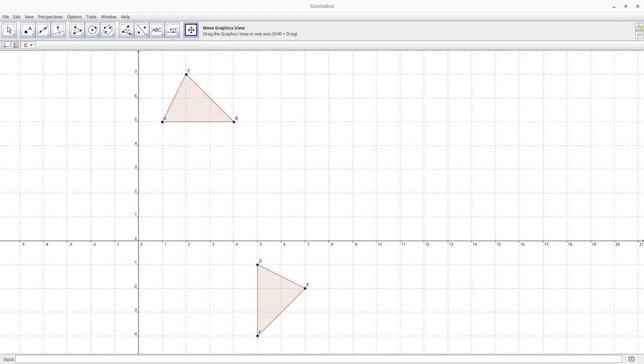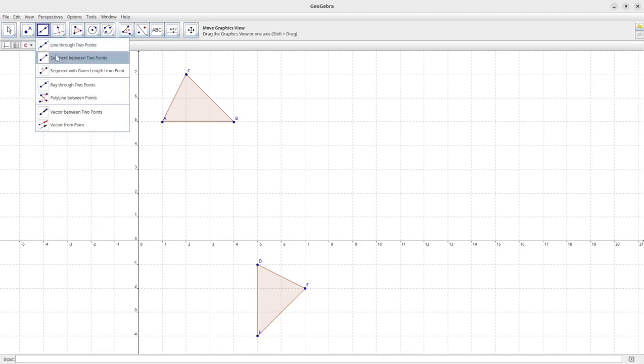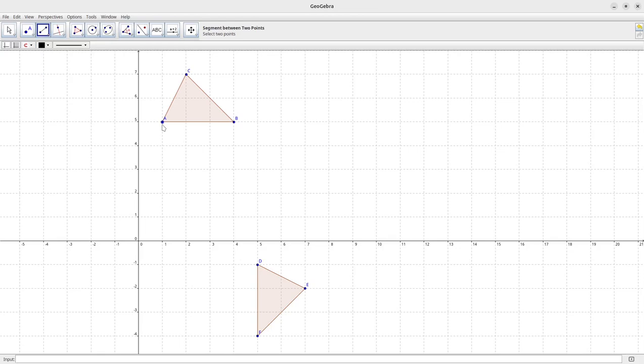Now for simplicity, I've decided to draw this figure on GeoGebra. Let's check it. To find the center of rotation, we've always mentioned that you need to identify two corresponding points and then draw a line segment joining them.